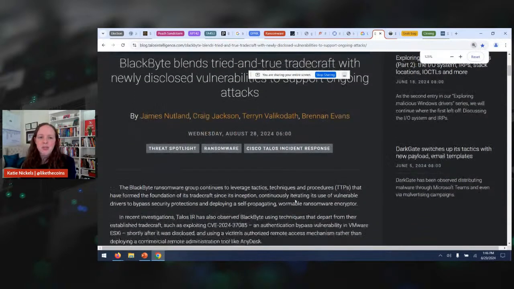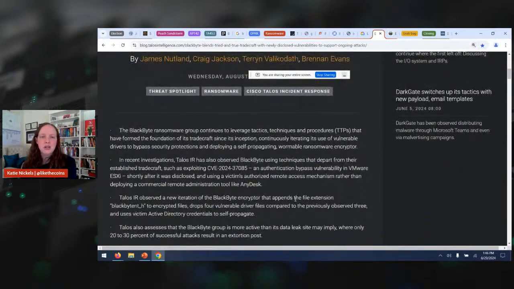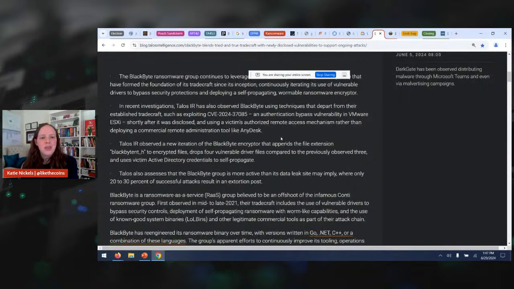So I know someone mentioned earlier in our word cloud, our Slido poll, the ESXi, VMware ESXi servers, how an organization maintains their virtual machines and provisions those. And sometimes that software has a vulnerability. So actors using that. Some commonalities.